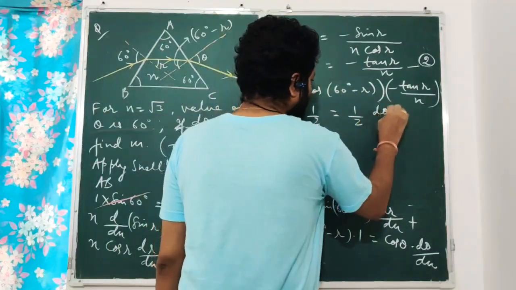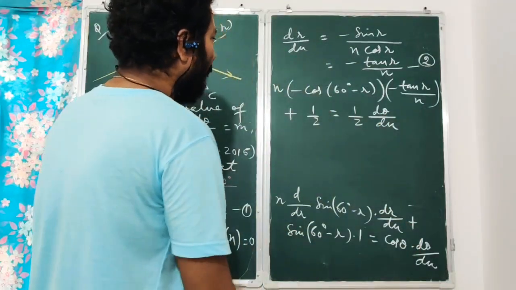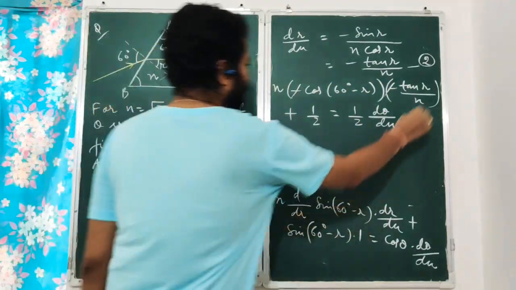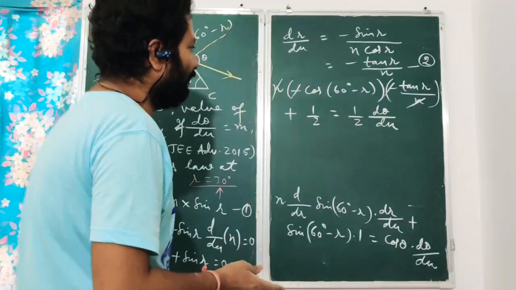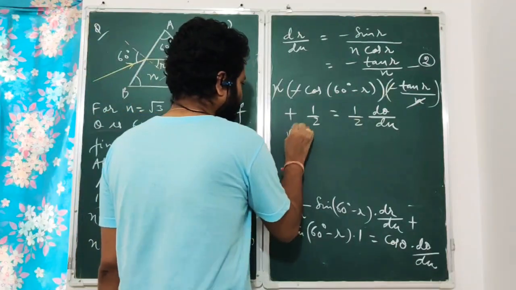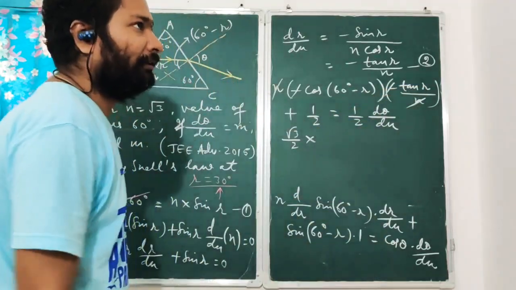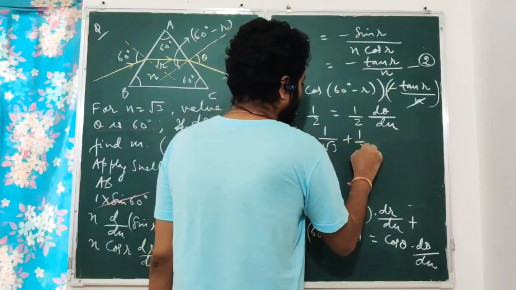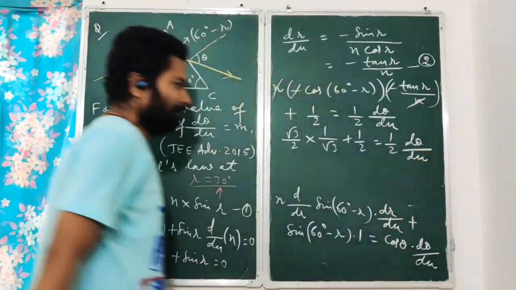And then you have d theta by dn. This equation only we have written here. So this minus and minus will get cancelled. Substitute the values, n and n will get cancelled. Cos of 60 minus r, cos of 30 degrees, root 3 by 2. Tan of r, 30 degrees, that is 1 by root 3, plus half, and this is equal to half into d theta by dn.